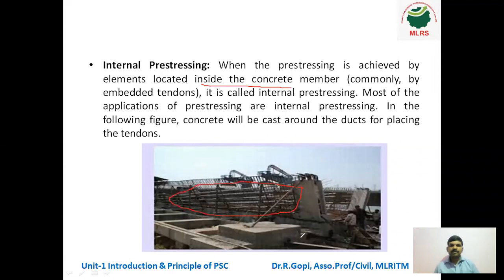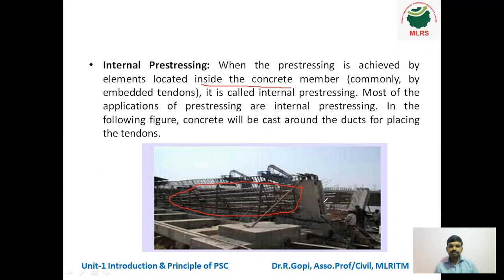This duct is meant for post-tensioned concrete. After the placement of the duct, the concrete is filled in the rectangular beam. After the concrete achieves sufficient strength, the pre-stressing technique is adopted. In this duct, pre-stressing steels are laid and tensioned, so it is fully covered with the concrete members.